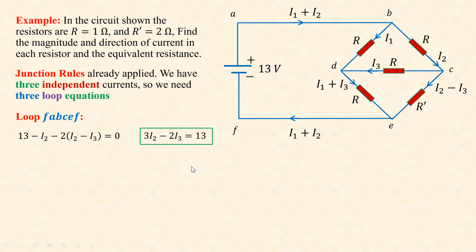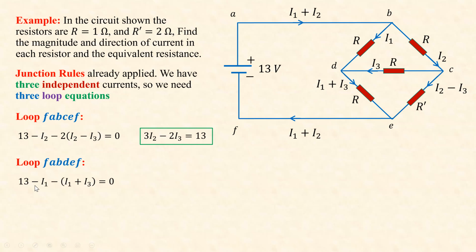And then we can use another loop, A, B, D, E, F, coming back to the same point. So in this case, we have 13, and then negative I1 times 1, and negative I1 plus I3, and back to where we started.